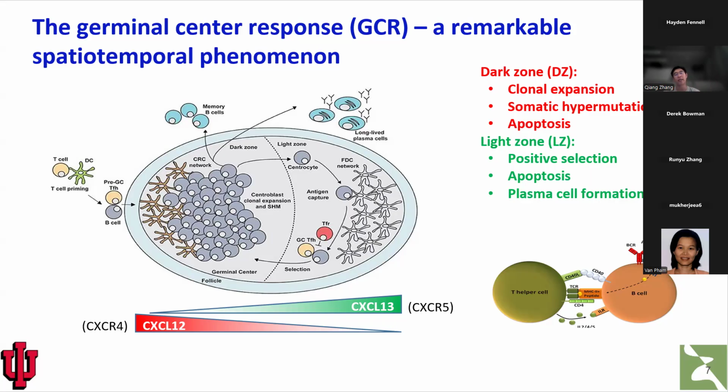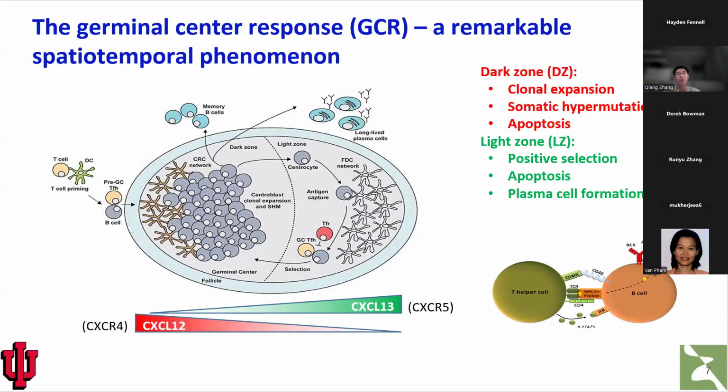So this is essentially a kind of Darwinian process, and as a result, only those B cells that happen to mutate into antibody sequences that have high affinity for the antigen will eventually survive. And this is what's going on in the germinal center. So as you see, this is really a spatial temporal phenomenon, very remarkable, happening probably in the first week of the first antigen encounter and lasting about another two weeks.